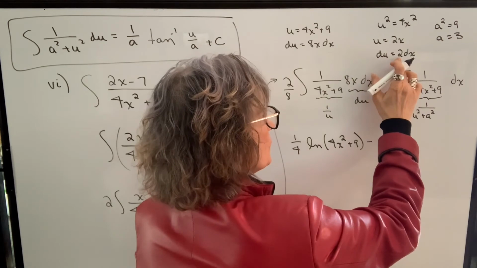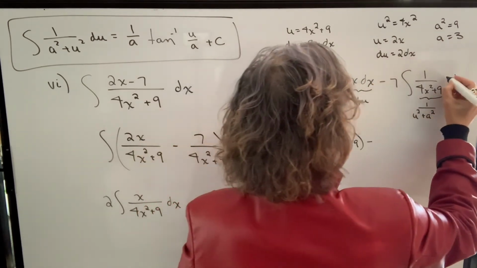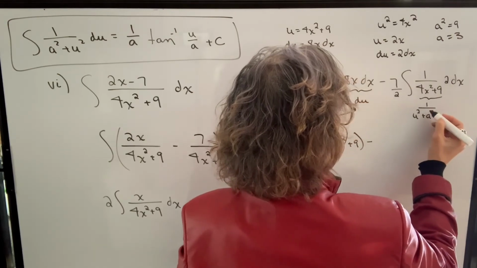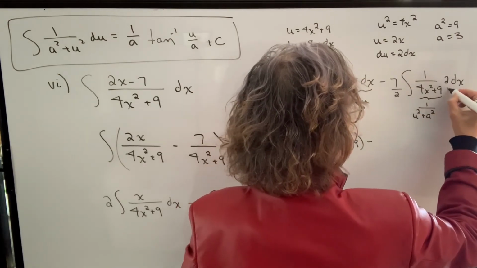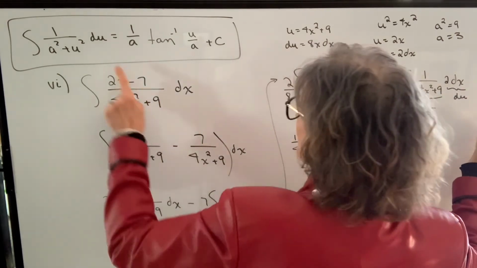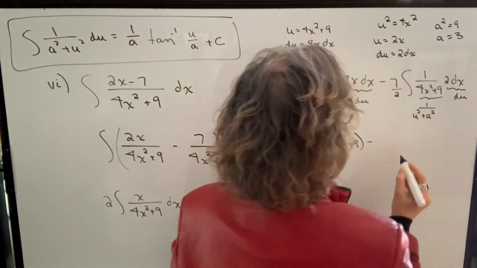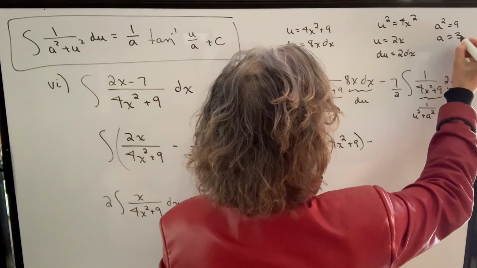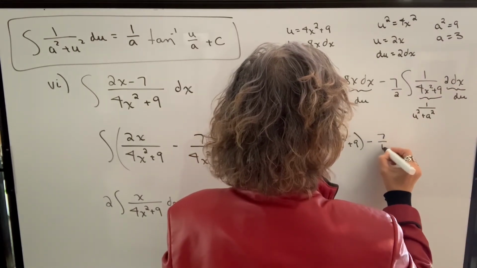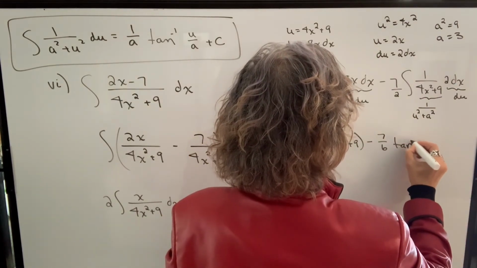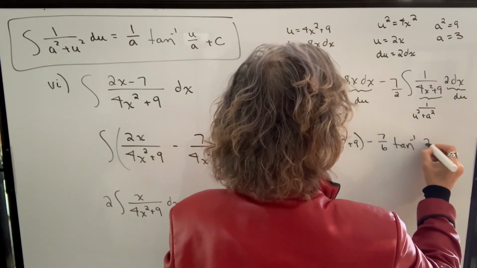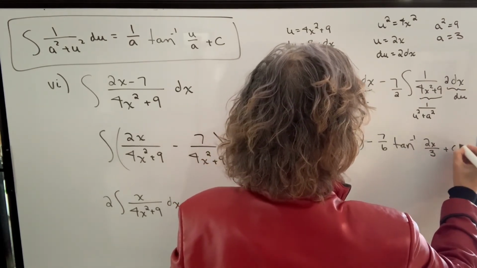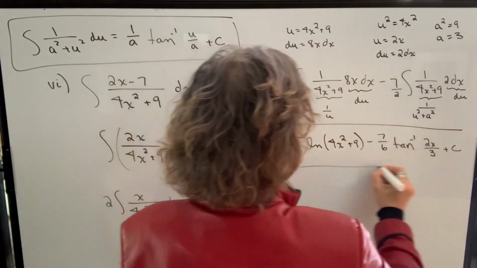I don't have the factor of 2 that I need, so I'm going to multiply by 2 as long as I divide by 2. Now the pattern is 1 over u squared plus a squared. I have my du factor, so I can plug into this form. It will be 7/2 times 1 over a. 1 over a is 1/3, so that gives me 7/6, times the inverse tan of u, which is 2x, over a, which is 3, and add my constant of integration.